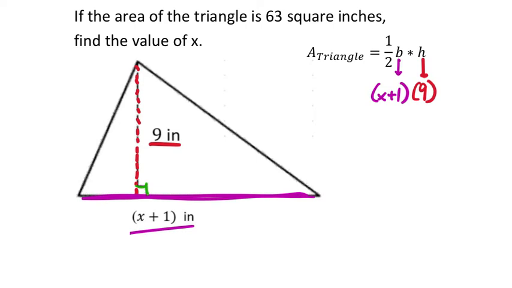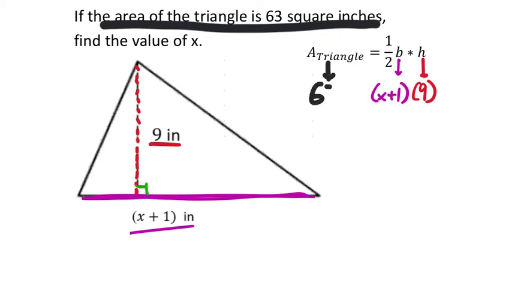Now, the other information they gave us on this one was that the area is 63 square inches. So I'll have to take my area and replace it with 63. Of course, this still equals 1/2 times all that stuff.